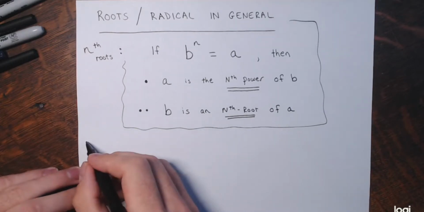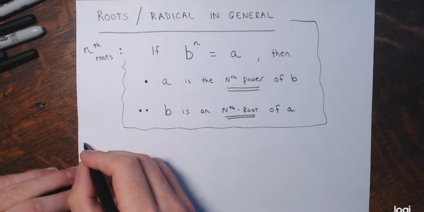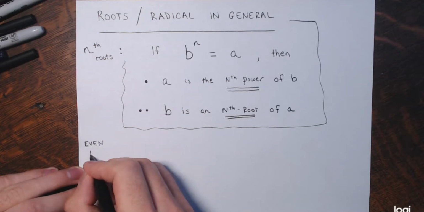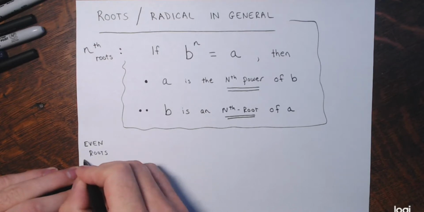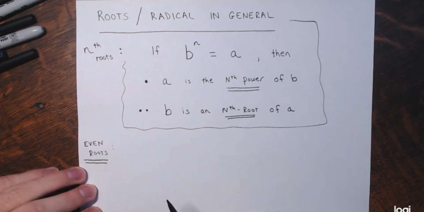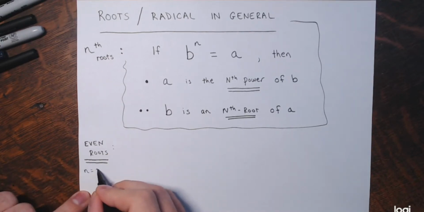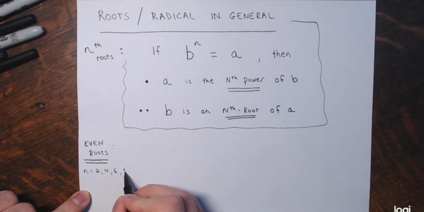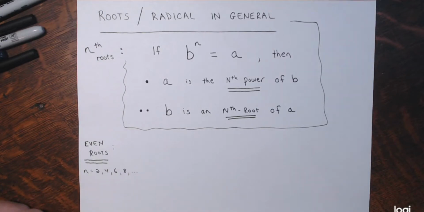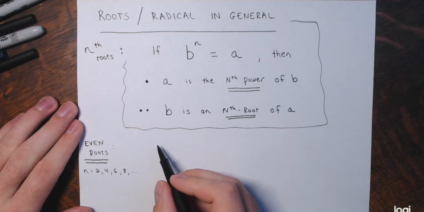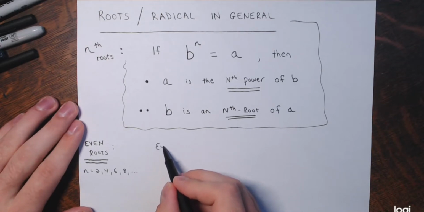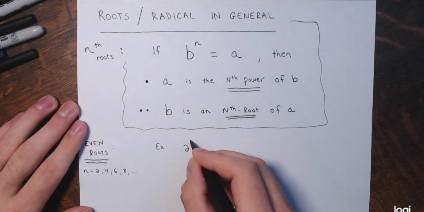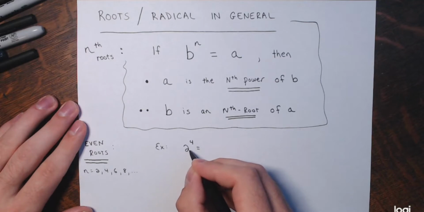Now, we did square roots. Let's look at even roots, because all the stuff I said about square roots is going to apply to even roots. So this is n equals 2, 4: square root, fourth root, sixth root, eighth root, and so on. I'll start with an example with fourth powers. 2 to the fourth power is 2 times 2 times 2 times 2, that's 16.